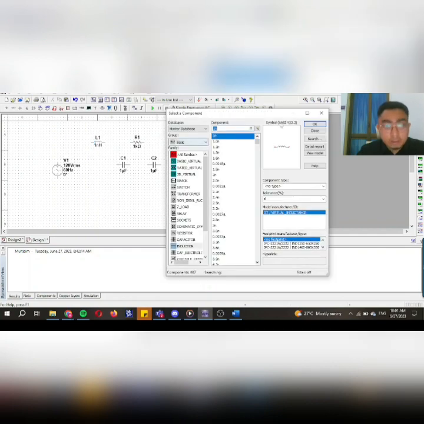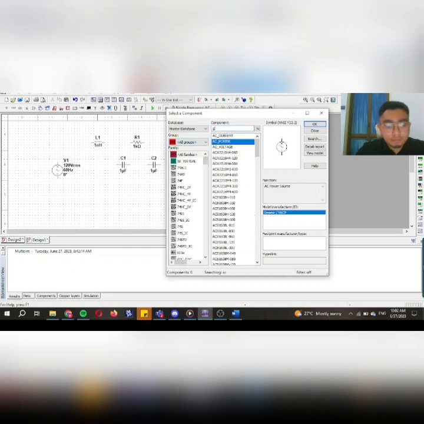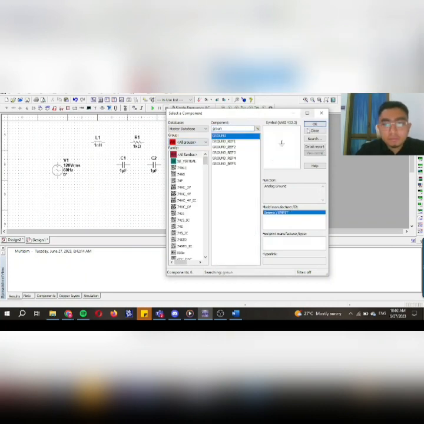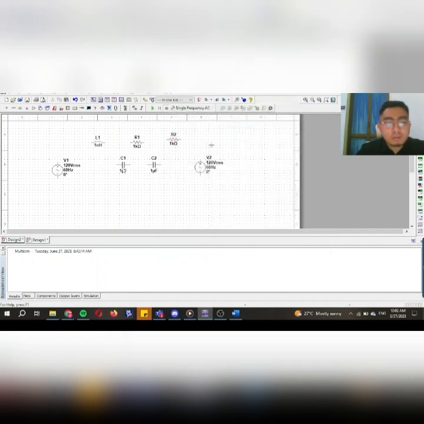Okay, and don't forget our ground. Alright, so these are all the components needed to build our circuit based on the circuit provided to us in the report or in the question.